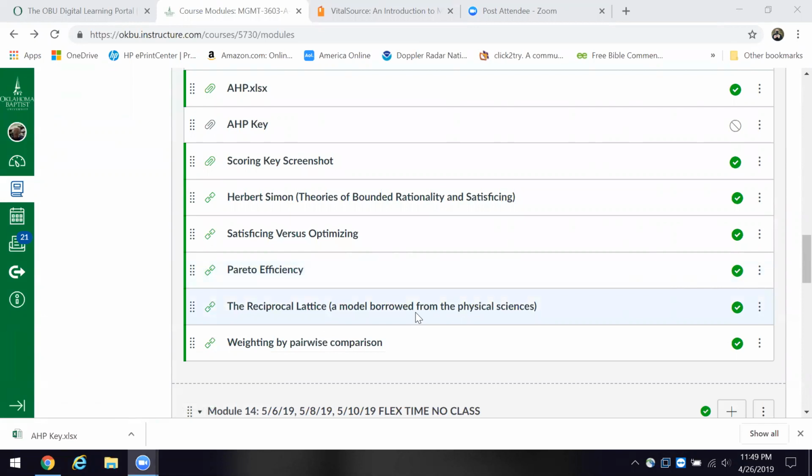This is a model that we borrowed from the physical sciences. So I want you to see this so I can reinforce again that management science, the problem-solving part, really embodies us identifying a model that's out there.